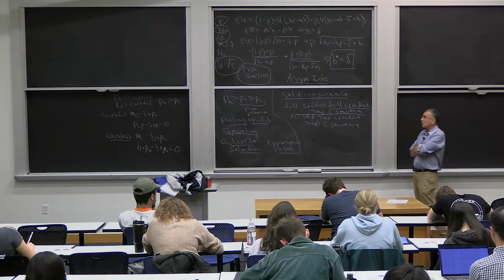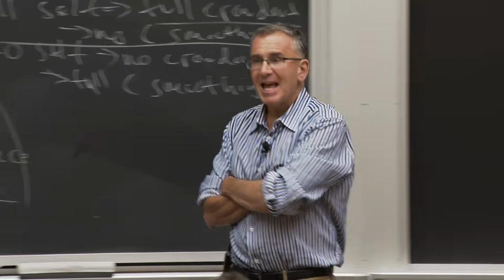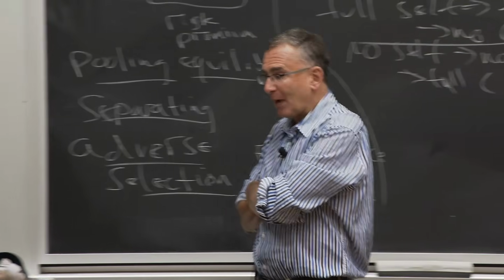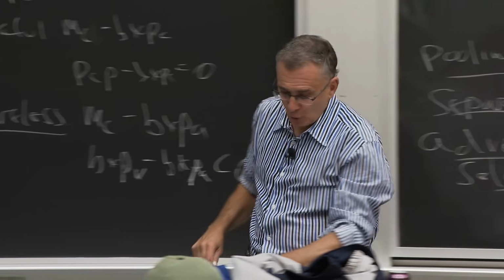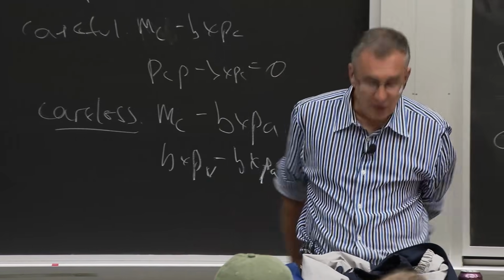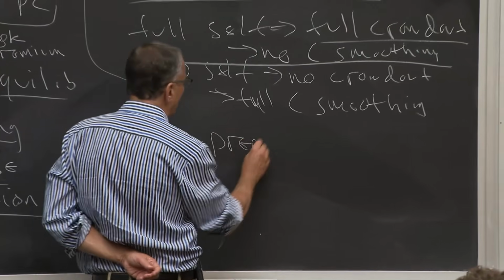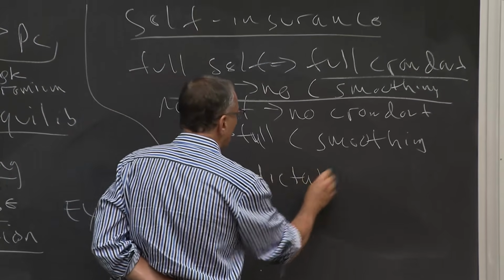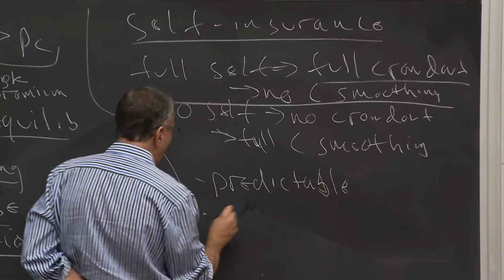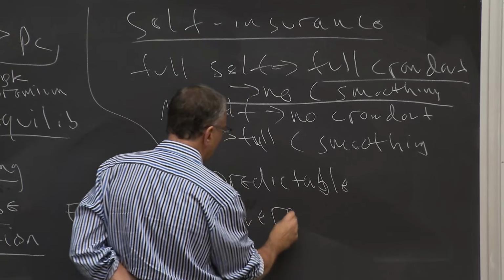Okay? And what is going to determine how much crowd out there is, or conversely, how much consumption smoothing is done? What's going to determine that is two things. The first is how predictable is the event? And the second is how severe is the event?